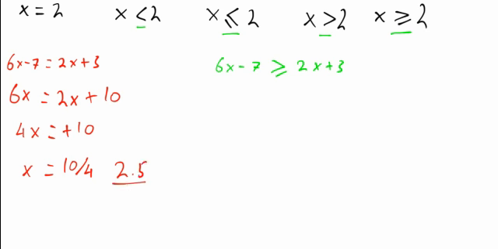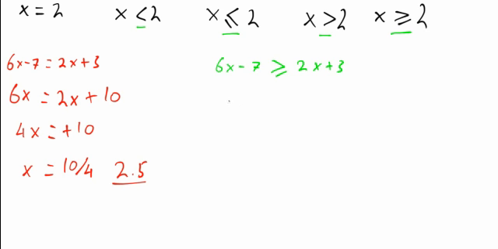And there's your answer. Now the difference in this case only appears at the end of the question. So we treat the question exactly the same, rearrange to get x on one side and a number on the other side, and then we'll see what we have in the end. So let's do that. So we do exactly as we did before.